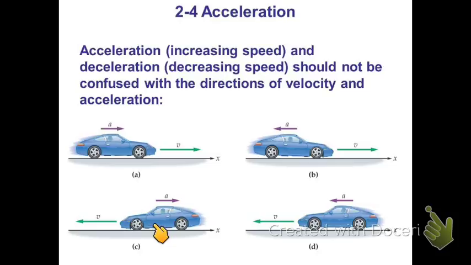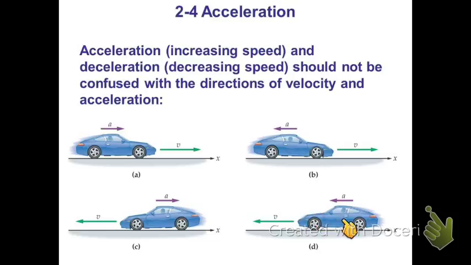In the third picture, the car is moving in the negative x direction, as we can see from the direction of the velocity, and the acceleration is toward the positive x-axis. Even if the acceleration is positive in this picture, since its direction is opposite to that of the velocity, the car will again be slowing down, and its velocity is decreasing.